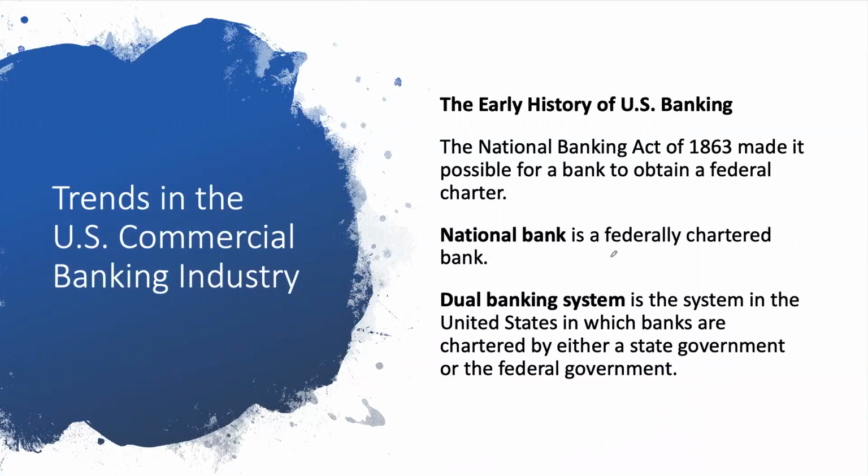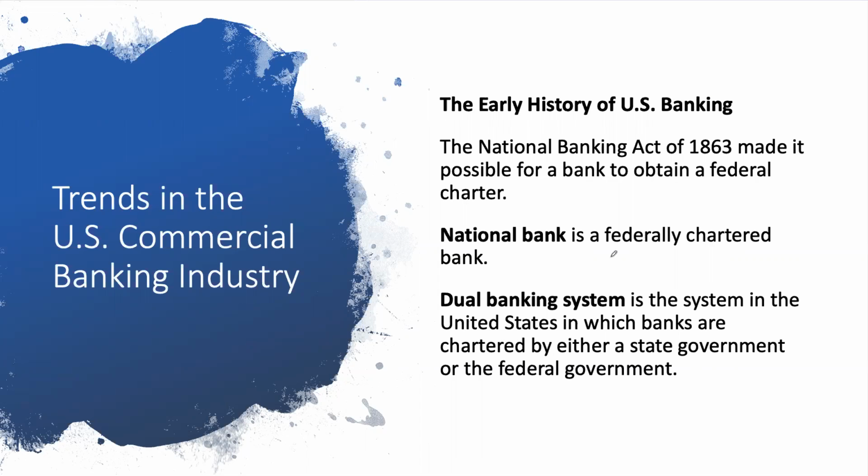It can only take deposits within that state. It can only buy securities and make loans within that state, and it can't cross geographic boundaries. It can't operate in any other states. And if a bank is federally chartered, obviously it can engage in interstate commerce, which is to say it can have multiple banks and multiple branches in different states, and it can generate loans and take deposits all over the country, right?